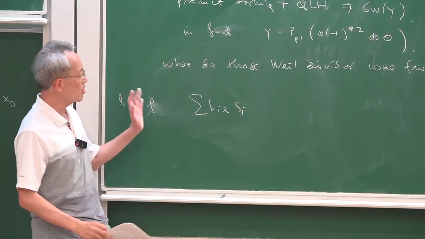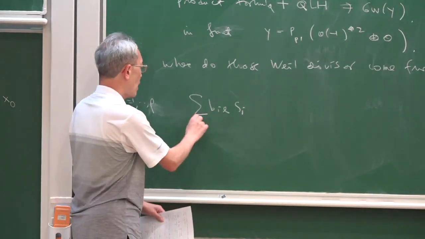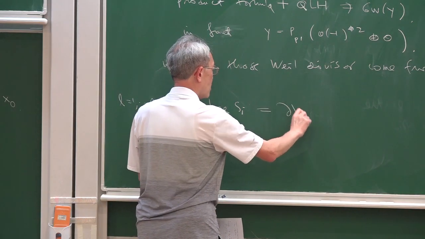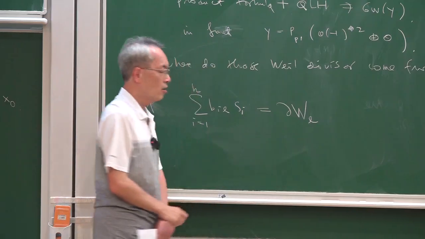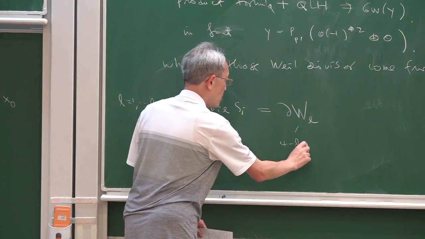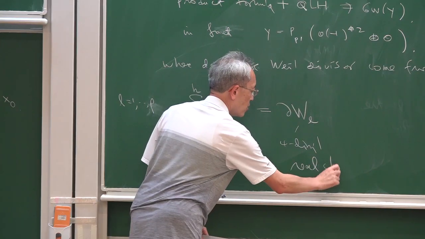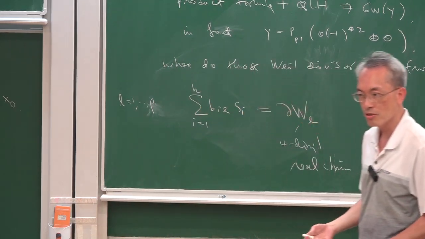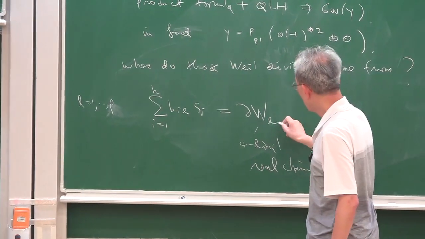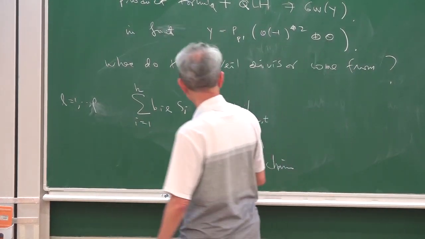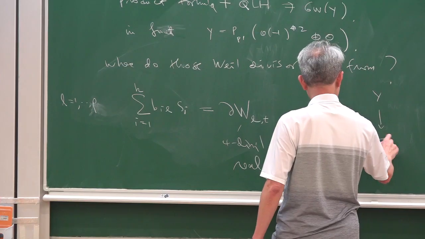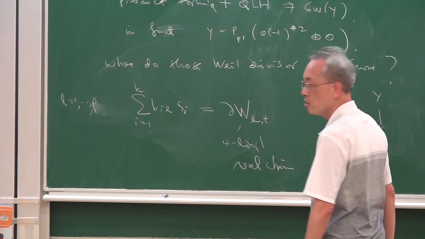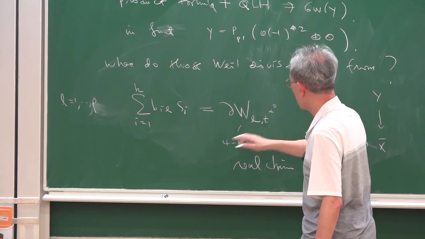But anyway, the relation supposes this, and this is i from 1 to 3. Which simply means it's bounded by a 4-dimensional real chain. This is a 4-dimensional real chain, which is not a cycle. Okay, that's the meaning of the relation. But this depends on the parameter t. If you have Y deform to X_t here, that's a degeneration, so you have this t. But t is not 0.